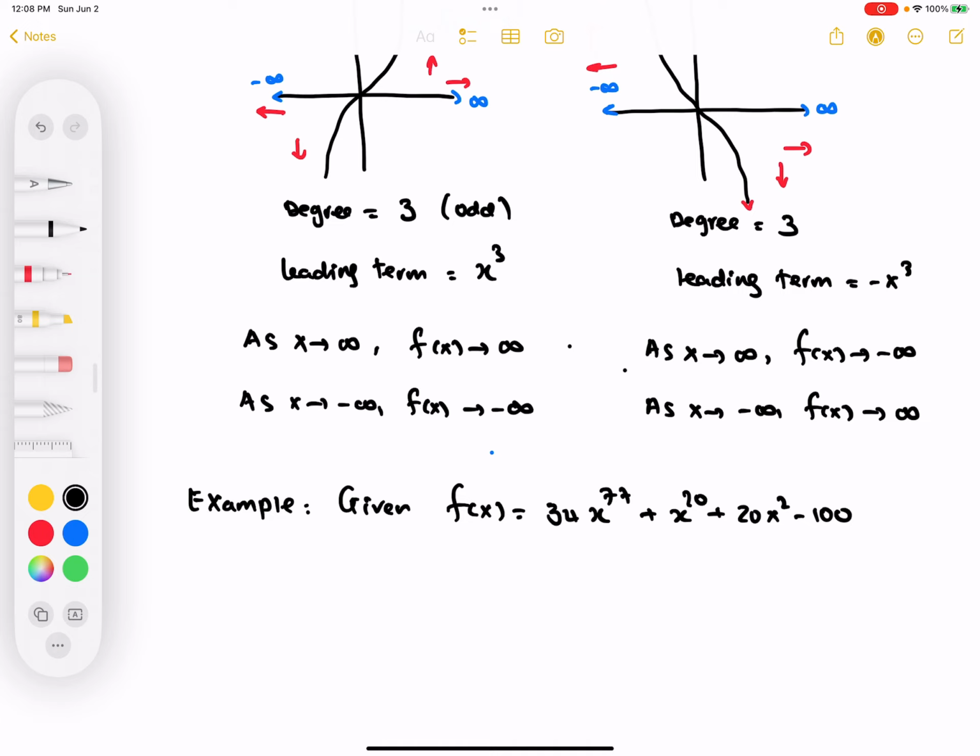Now it seems that this is a very complicated polynomial with degree 77, but you can state the end behavior of the polynomial.